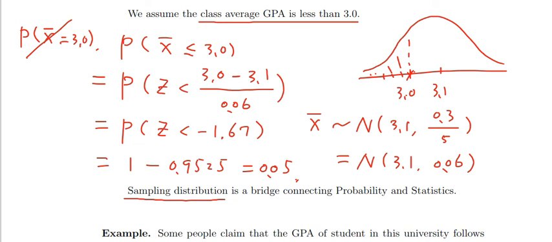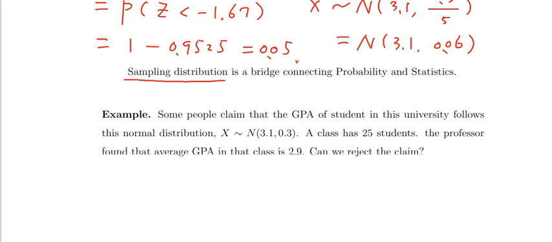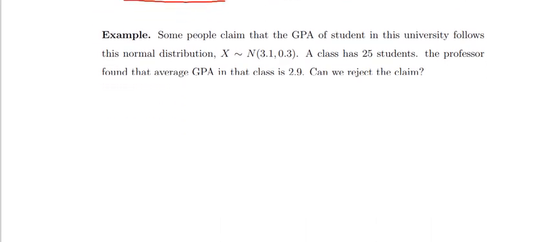But let's check this problem. It looks like a statistical problem. Let's say some people claim there is information for all students: the GPA for all students in this university follows a normal distribution, with mean 3.1 and standard deviation 0.3.